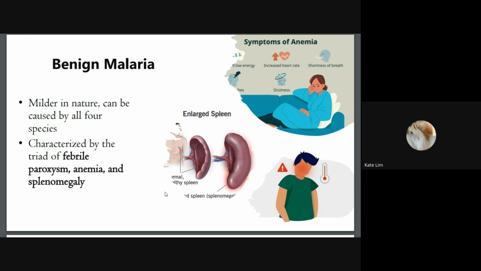When we say hypersplenism, this is where the spleen starts trapping even healthy RBCs, making the anemia even worse. Imagine your spleen being like a janitor trying to clean up a huge mess, but the mess just keeps piling up.